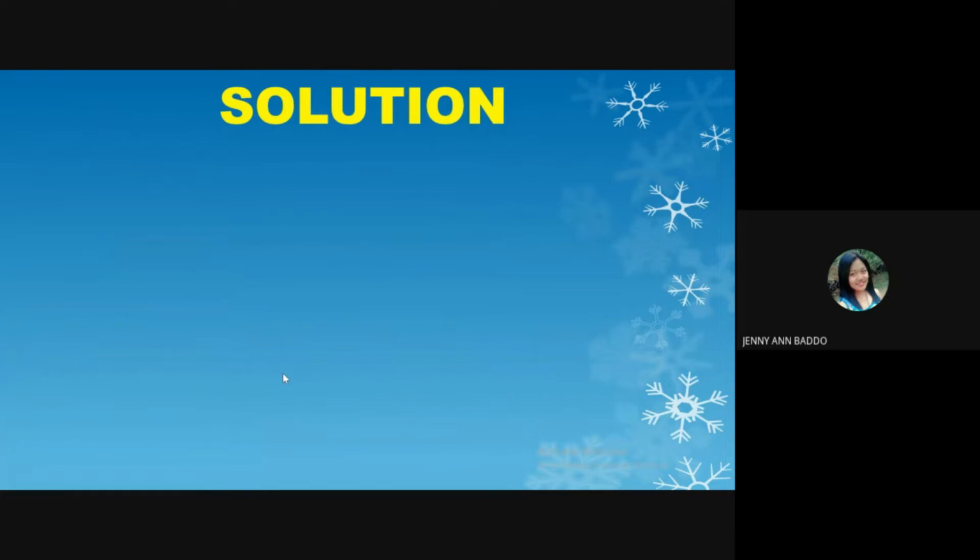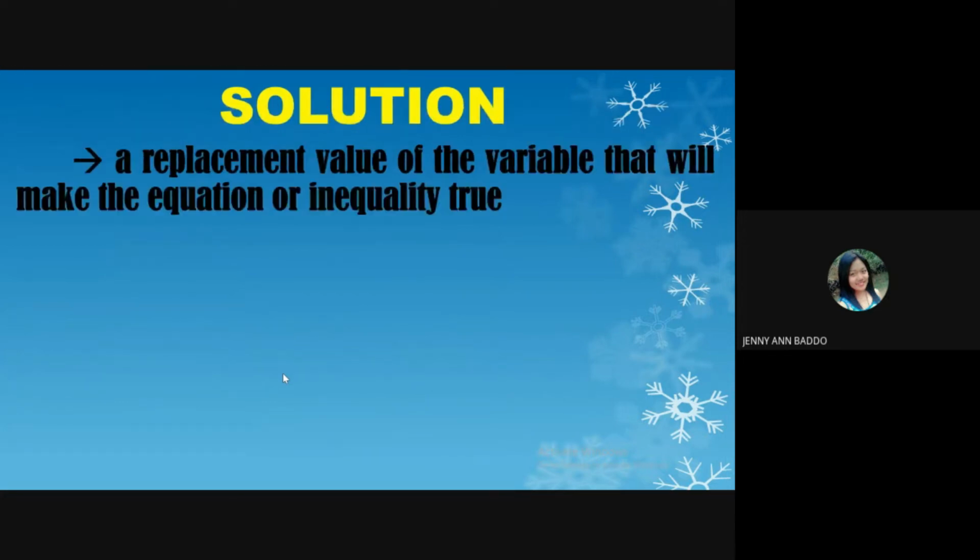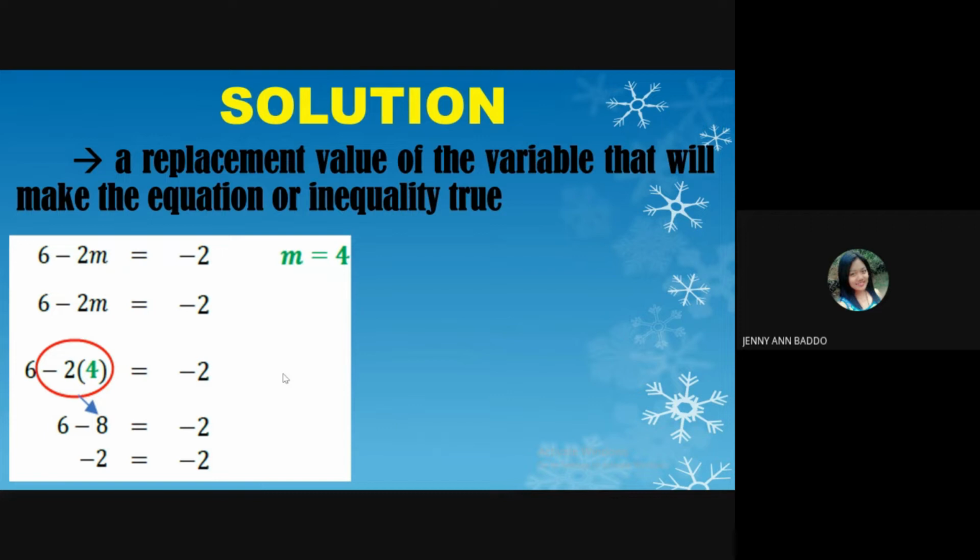Next, we have solution. What do we mean when we say solution of a linear equation or solution of an equation or inequality? It's a replacement value of the variable that will make the equation or inequality true. What should be the value of that variable that will make the equation or inequality true? Say for example, we have 6 minus 2m equals negative 2. Let us determine if the number 4 is a solution of the given equation.